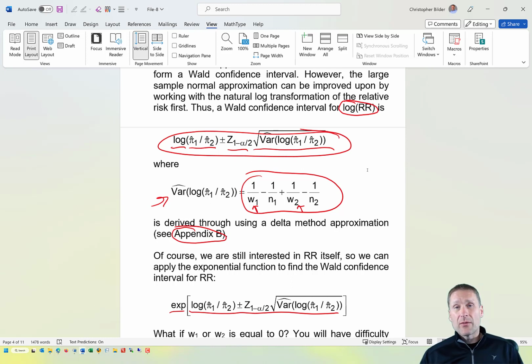So what's typically done in practice is an ad hoc solution, where if I have a 0 cell count in my 2x2 contingency table, what I can do is add a small number to all the cells of that table and then do all the calculations as normal. So maybe I add a value of 0.5 to each of the 4 cells in my 2x2 contingency table. Or alternatively, what is sometimes done is that if, let's say, W1 was 0, just add a small constant to that alone, like 0.5.